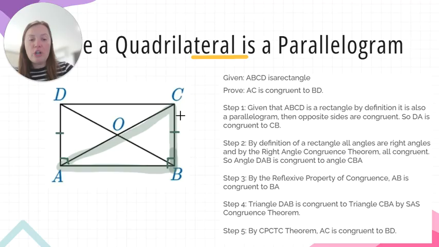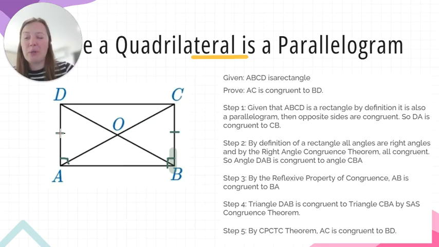Now, in order to use one of our triangle congruence theorems, we need to show that either our hypotenuse is congruent or that another leg is congruent so we can use side-angle-side. We are trying to show that our hypotenuses are congruent, so we don't want to use that. We want to show that this other side is congruent.